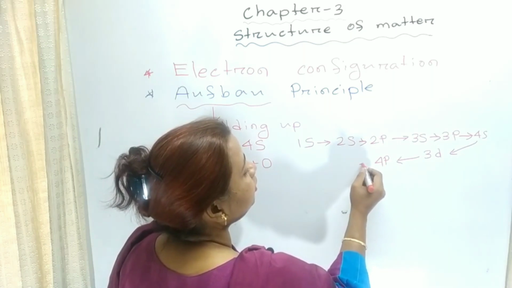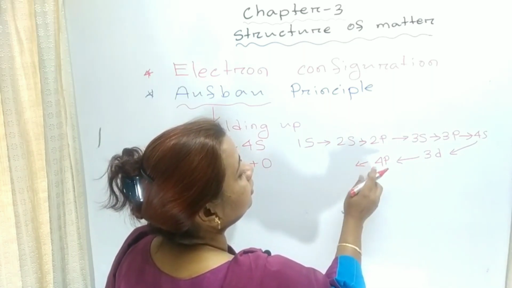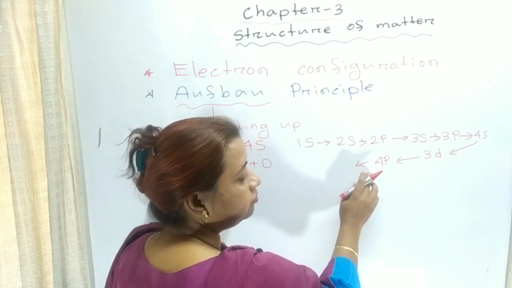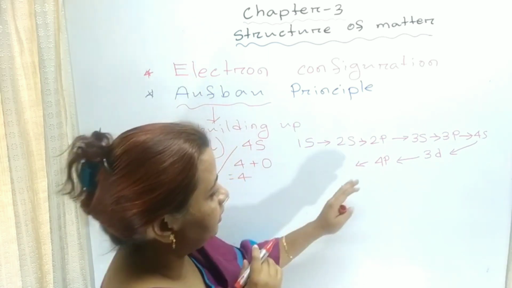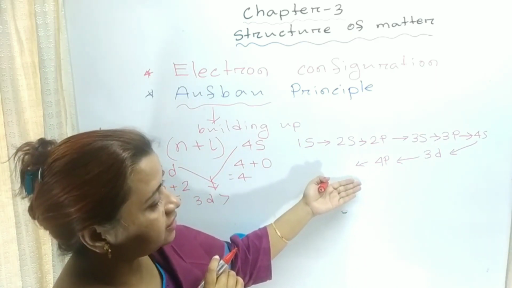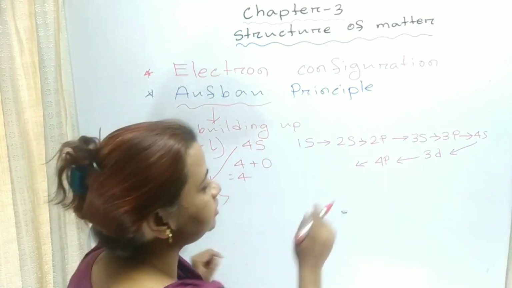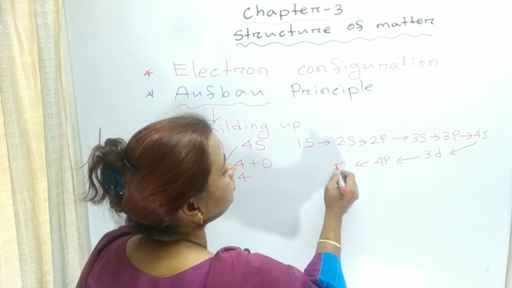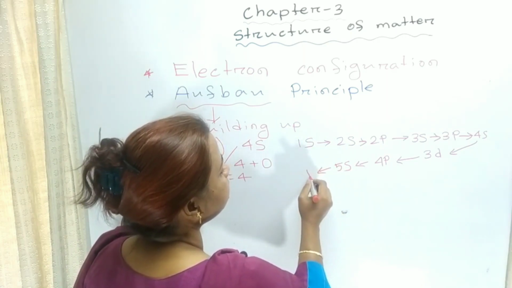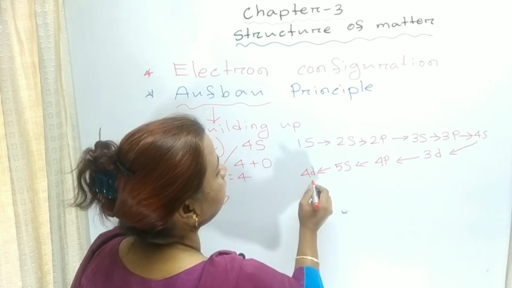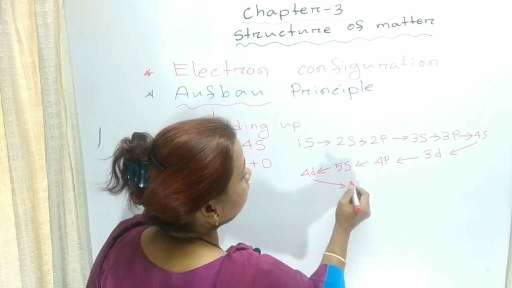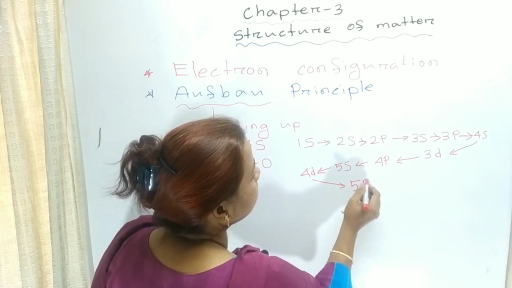After 3d it will enter into 4p. After 4p, it is supposed to enter into 4d, but the energy of 4d is higher than 5s. That is why at first electrons will go to 5s, then to 4d. Like this way it will be continued. Then after 4d electrons will go to 5p.